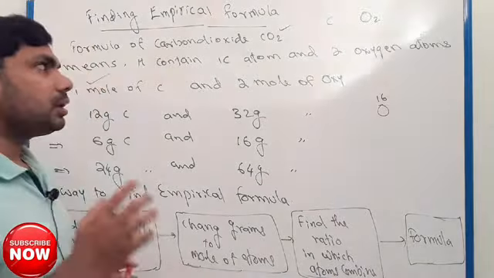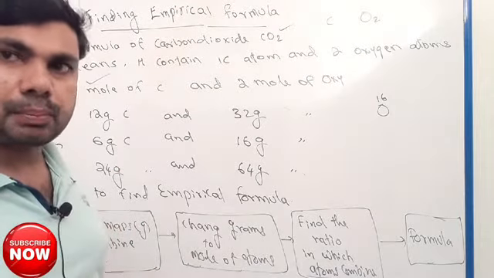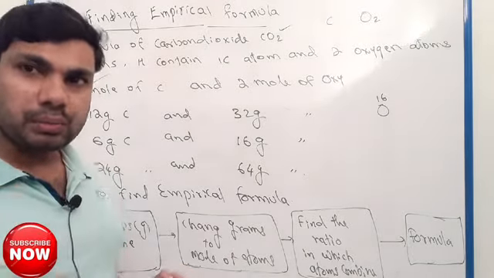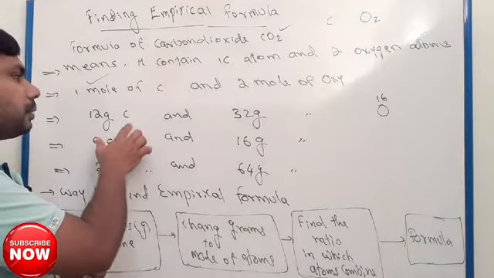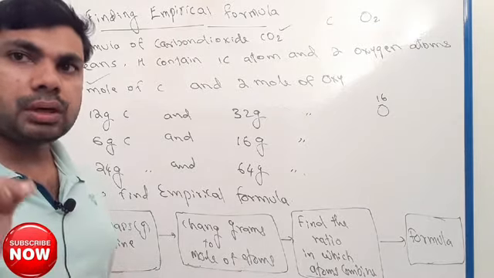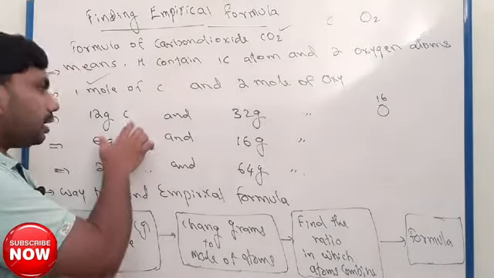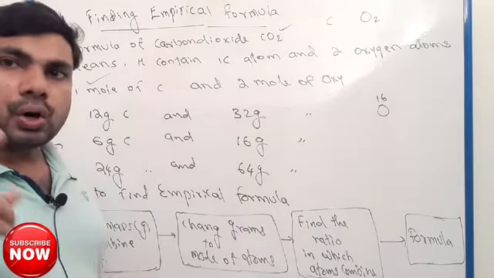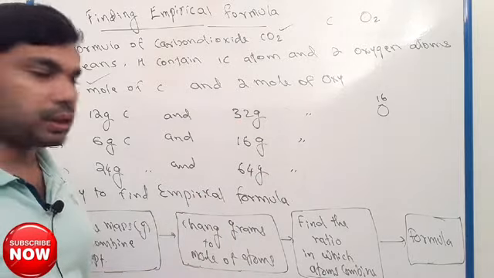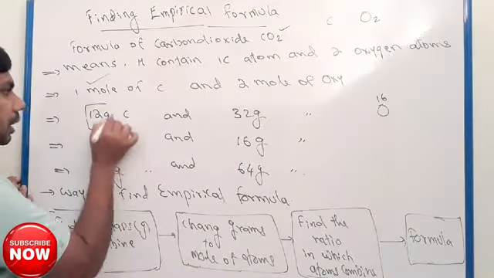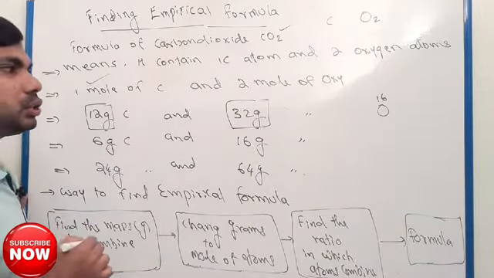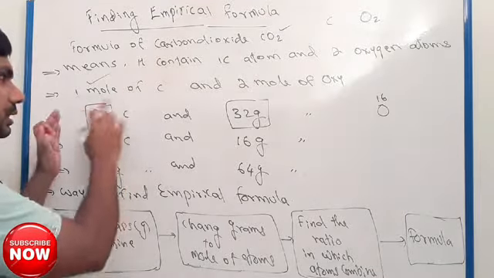So carbon dioxide contains 1 mole carbon and 2 mole oxygen. 1 mole carbon means 12 gram carbon. 2 mole oxygen means 32 gram oxygen. So look here, 12 gram carbon reacts with 32 gram oxygen.